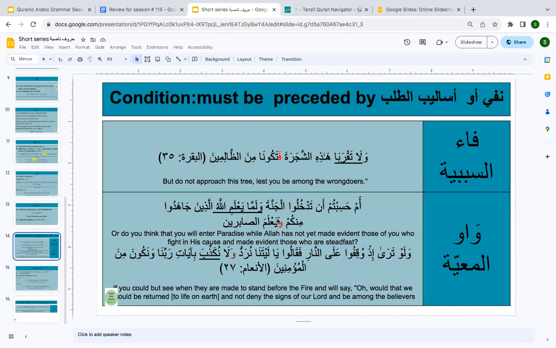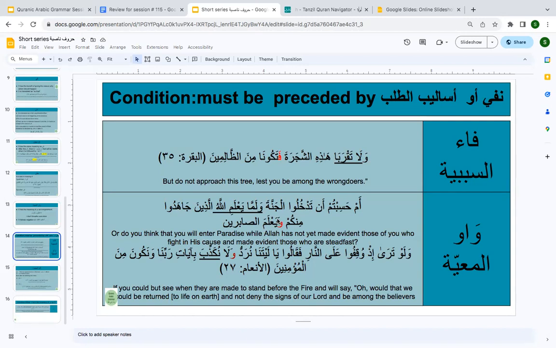So yes, there is a waw. Now you know that because we are learning about Wawul Ma'iyya, so there is a waw. But if you were given this in the Quran without any notes, no Google slides, and you see a mudare mansub after waw, what should you look for, my dear sisters?